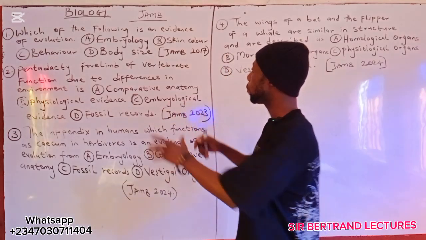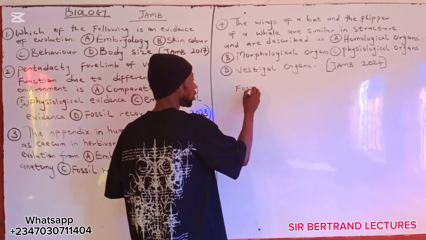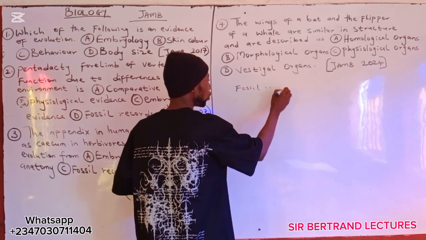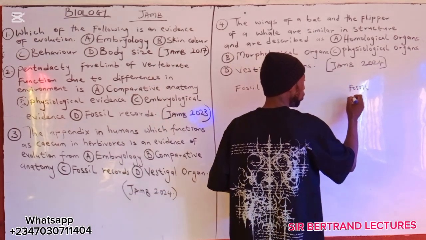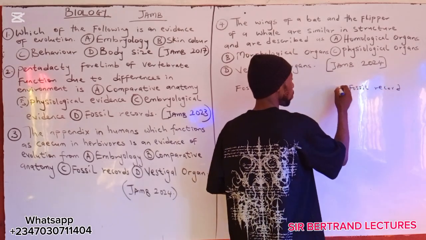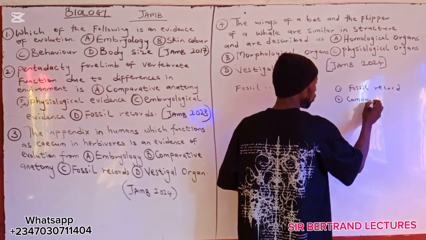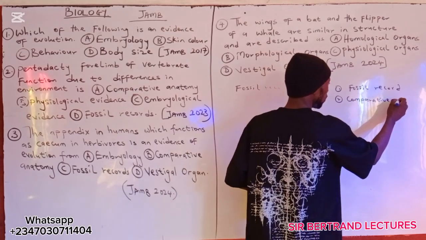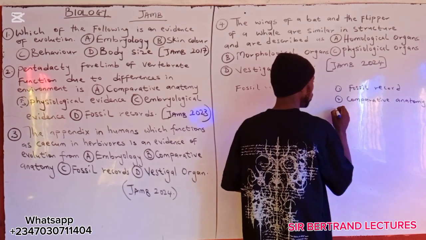Okay, then if you look here, the evidence of evolution, number one is fossil record. Number two is evidence of comparative anatomy.